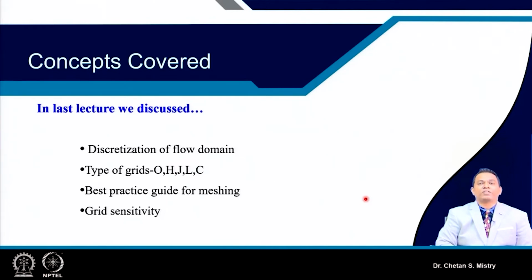We know discretization is basically an art. We need to understand what exactly we are looking for in terms of analysis. There are different kinds of grids we have discussed, say O grid, H grid, J grid, L grid, C grid. They have special applications.